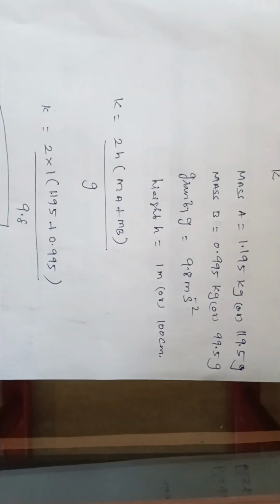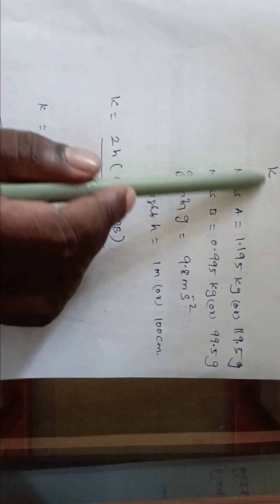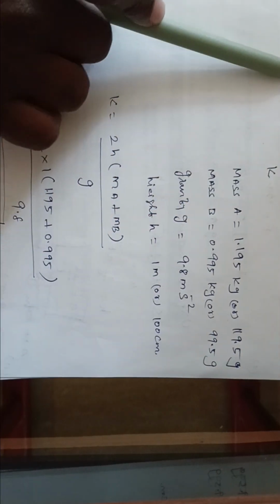Okay, we need to find the K value. Only if we find the K value can we find the acceleration due to gravity. How do we find the constant? We know the formula K equal to 2h (MA plus MB) by g.